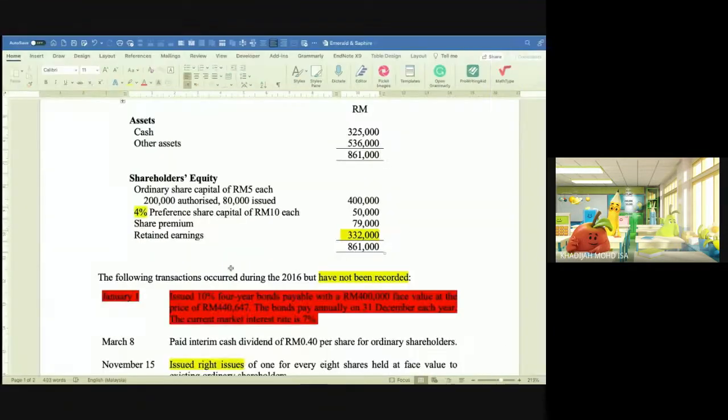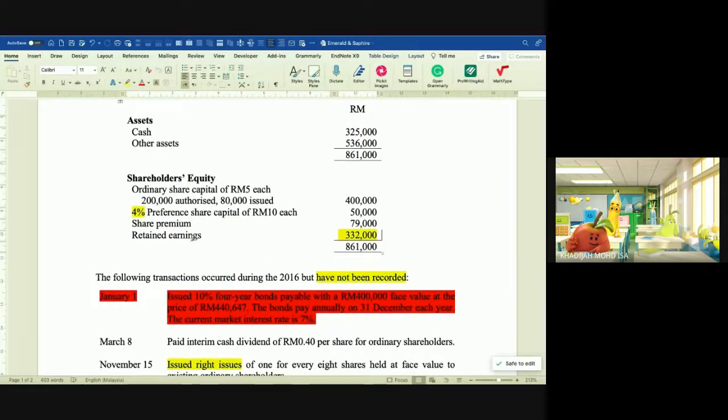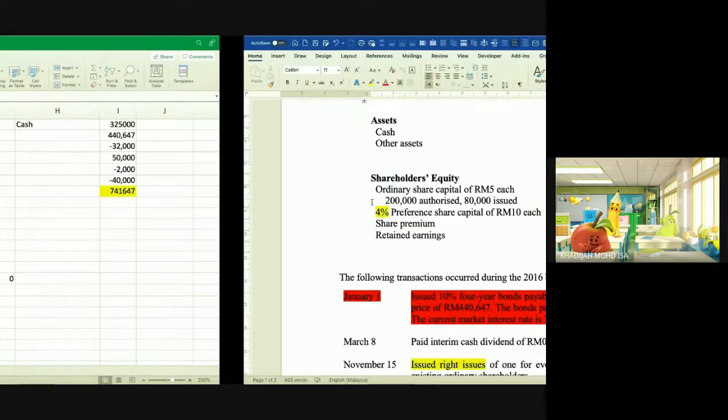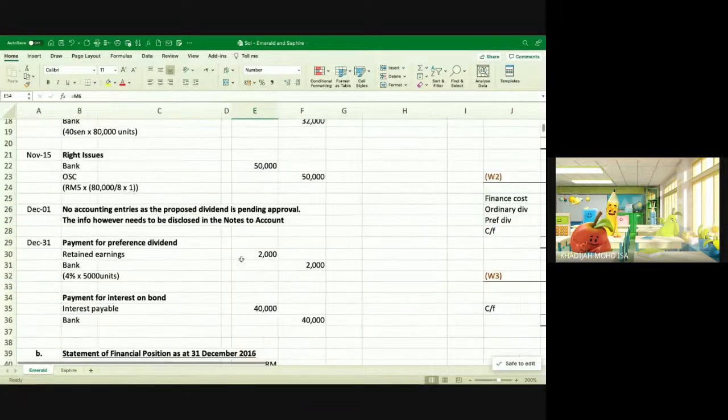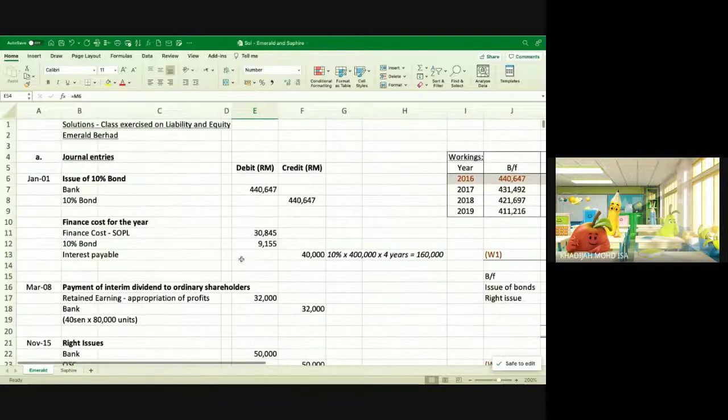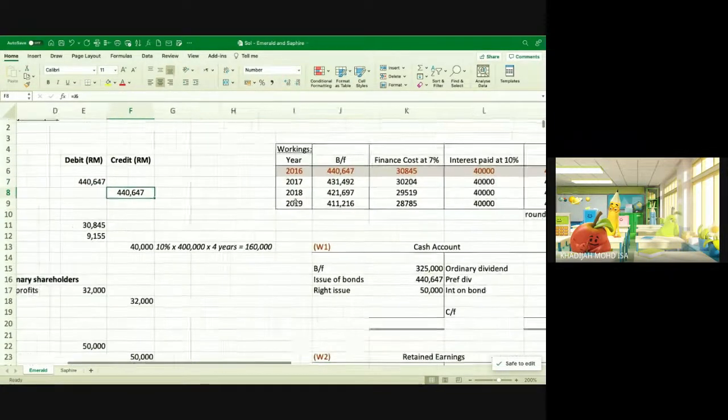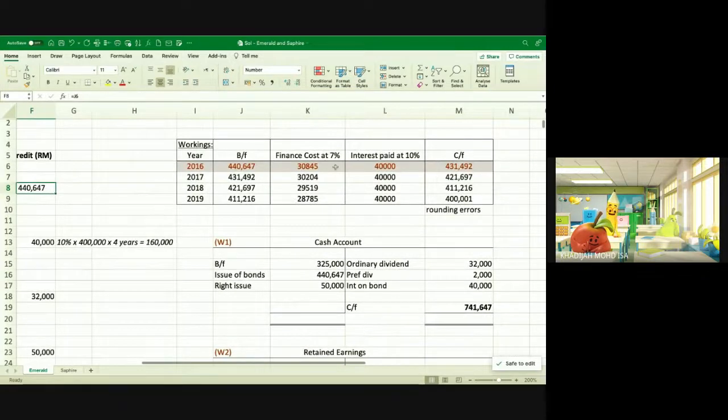Initially you don't have any bond here, but then you issue 431,492. Where do you get that from? Initially it was 440,647, but because of the interest, you have this 431,492. So that is what should be shown in your financial position.